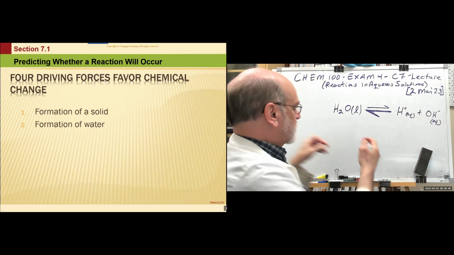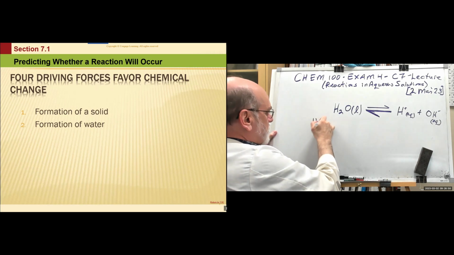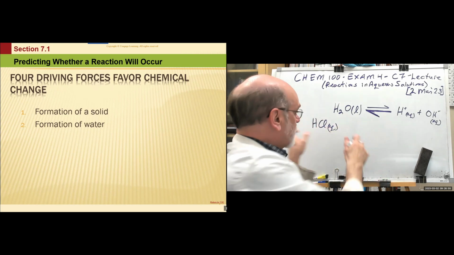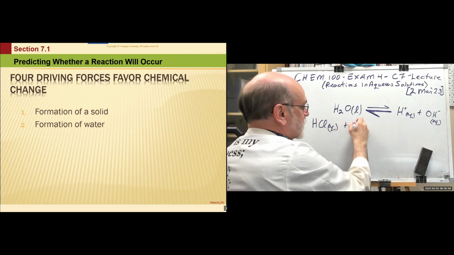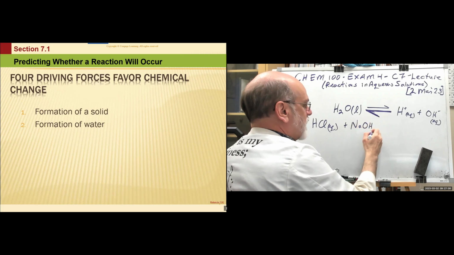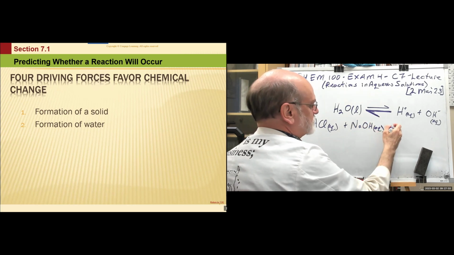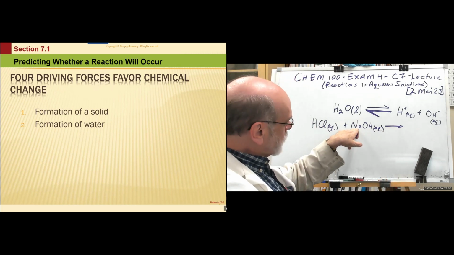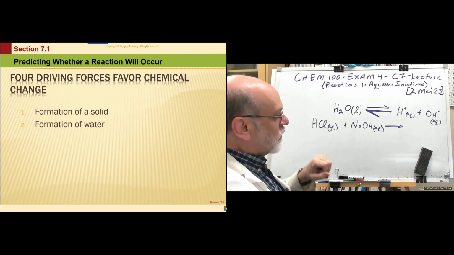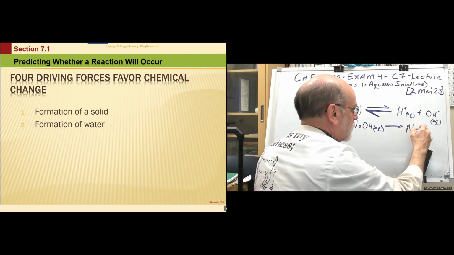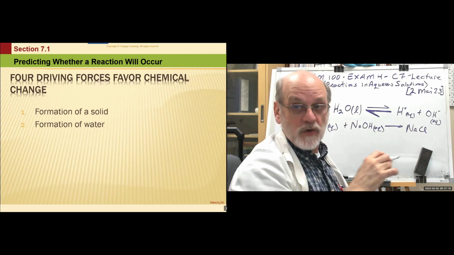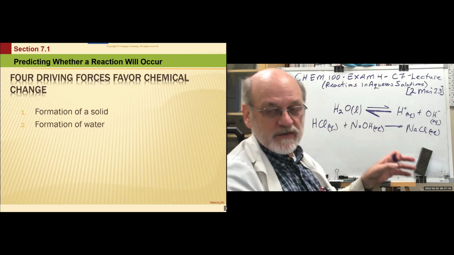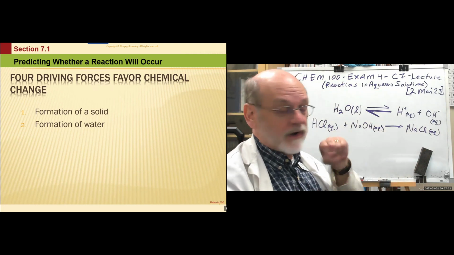For instance, let's say we have hydrochloric acid, and we put that together with a solution of sodium hydroxide. So what should we expect? Well, this sodium could associate with that chlorine, but we know it's soluble. So there's really no reaction there because the ions are still independent from one another.